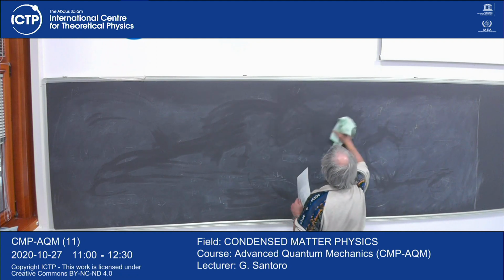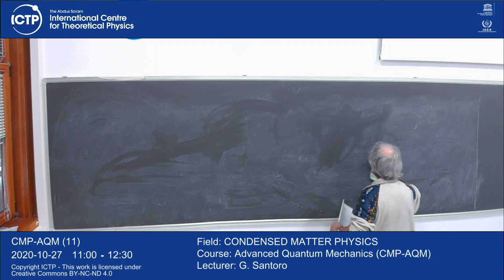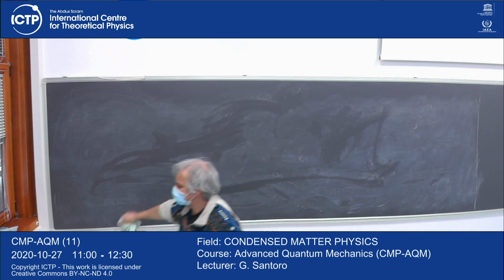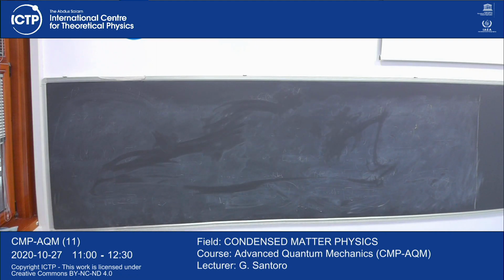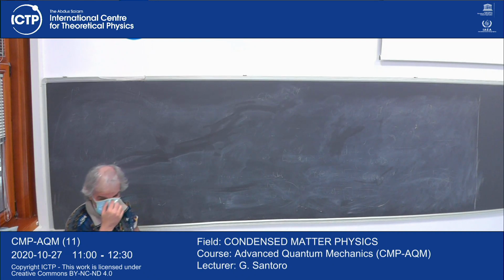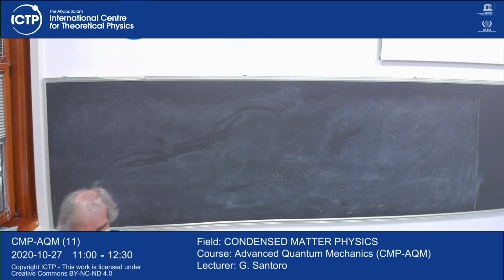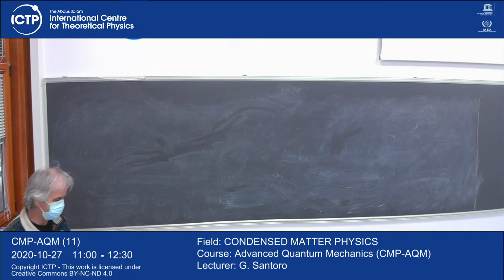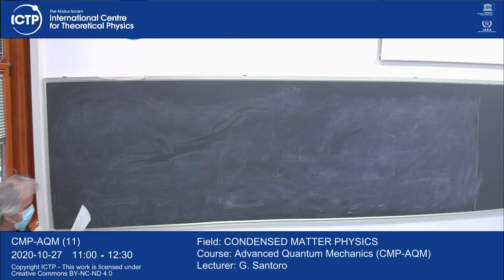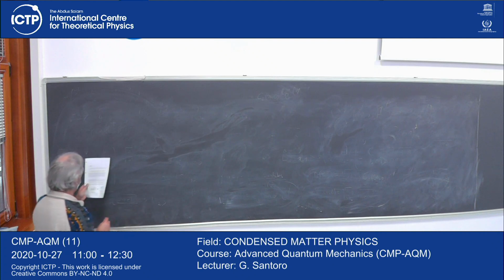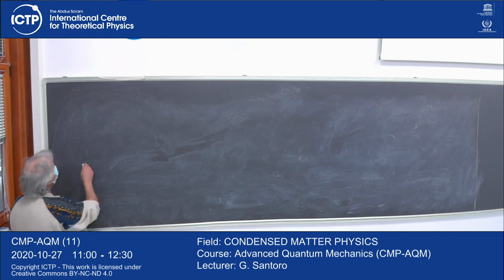So the experiment that revealed the fact that there is spin in nature was conducted in 1923. So actually slightly before the quantum mechanical theory was formulated by Schrödinger, Heisenberg, and later on Dirac. And it was done by Stern and Gerlach, who performed the following experiment.